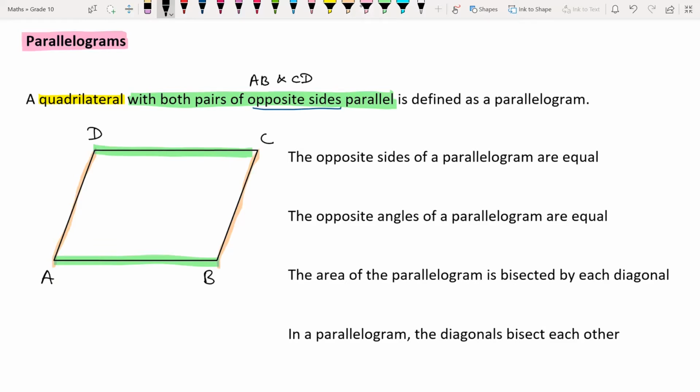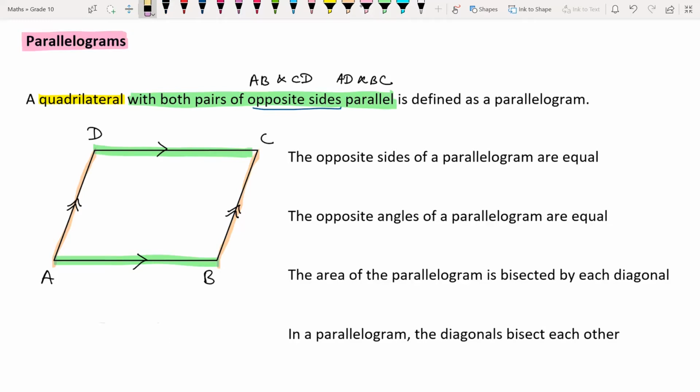They are parallel, which normally we denote using arrowheads like this. Now this AD side and BC side are also opposite sides, so they are also parallel, right? So we can use two arrowheads. So a quadrilateral with both pairs of opposite sides parallel is called a parallelogram.